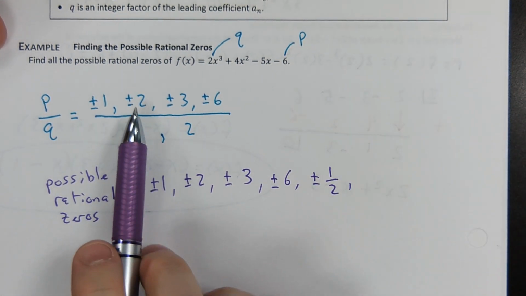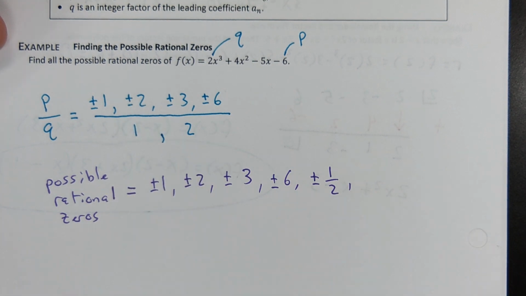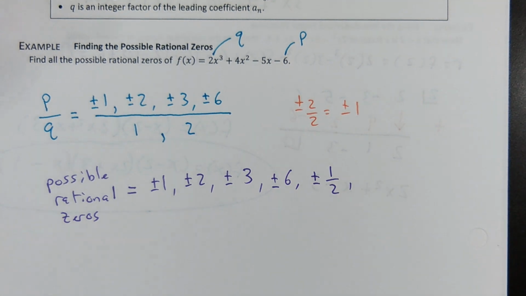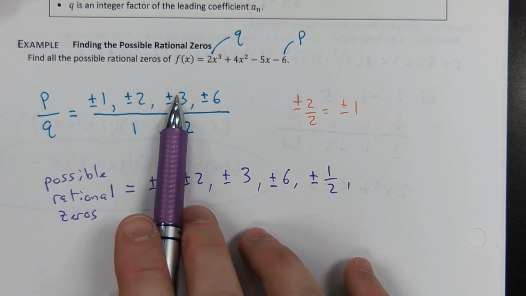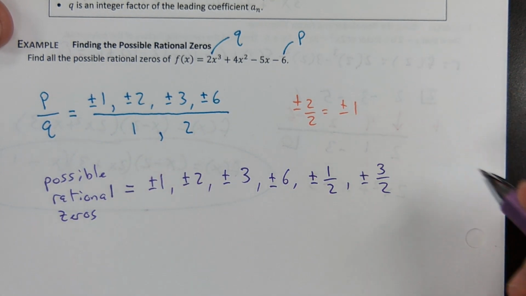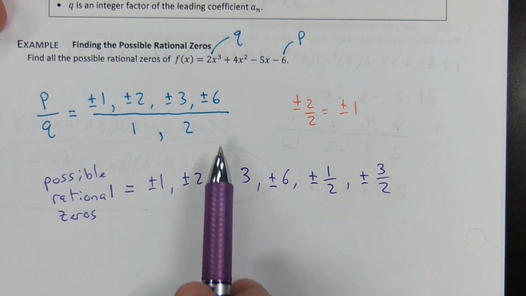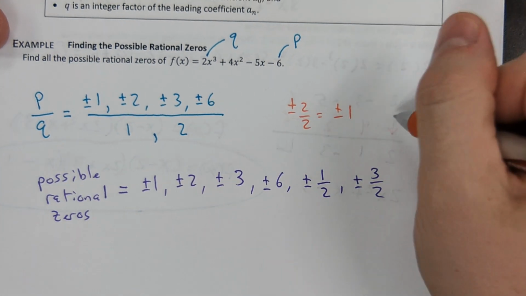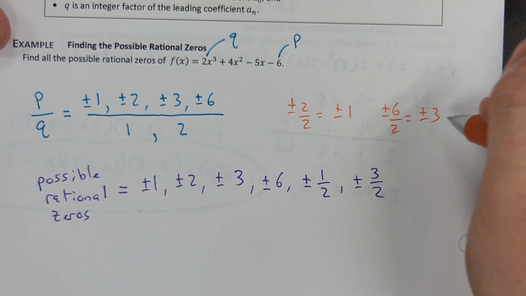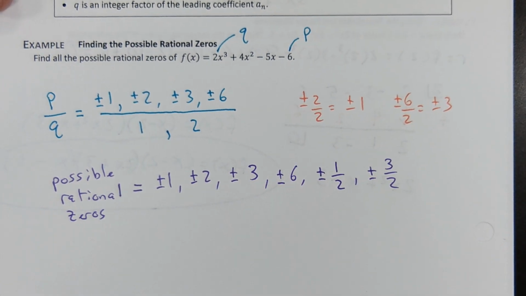Let's see. Plus or minus 2 over 2. That's plus or minus 1. We've already written that one. We don't need to write it again. Next, plus or minus 3 over 2. And lastly, plus or minus 6 over 2, but that's plus or minus 3, which we've already written, so we don't need to write it again.